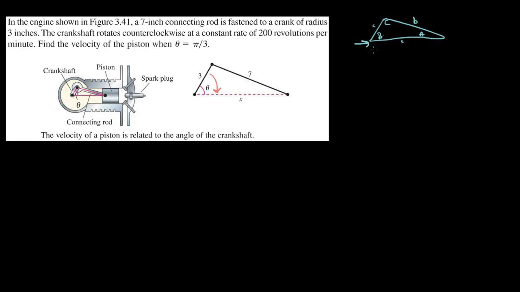Okay? So we could say that b squared equals what? Think. a squared plus c squared. It's the other two sides squared minus 2 times a c cosine B. That's what the law of cosines tells us.